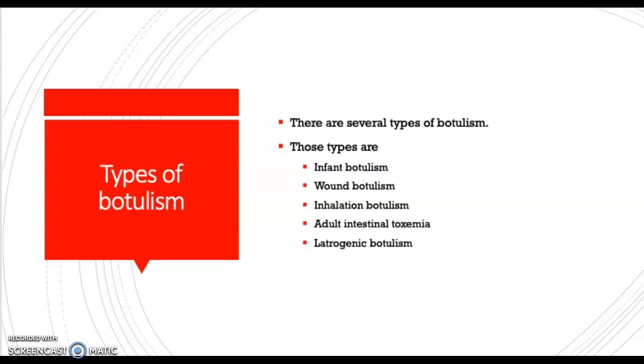Adult intestinal colonization is a rare form of botulism that occurs when the bacterium colonizes the digestive tract of adults. And lastly, iatrogenic botulism can occur through the overdose of botulinum toxin or Botox.